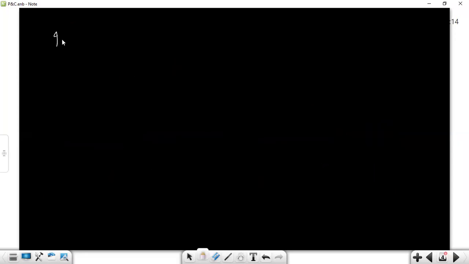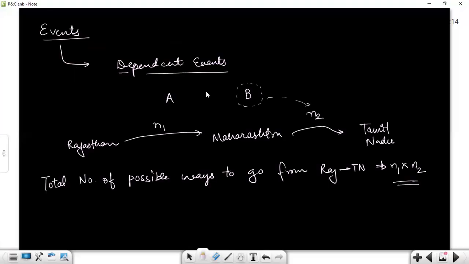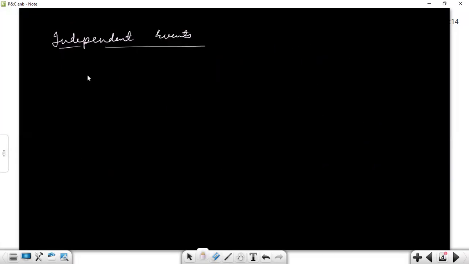Let's discuss independent events now. If we take another look at dependent events, we can say that A happened and B happened. So the number of ways for A and B is for the dependency of A and B. In this case, independent events are there.